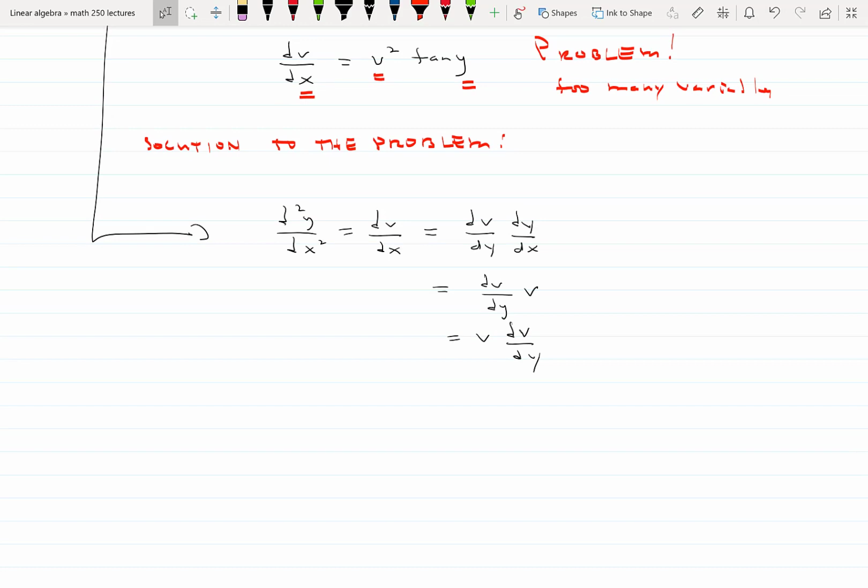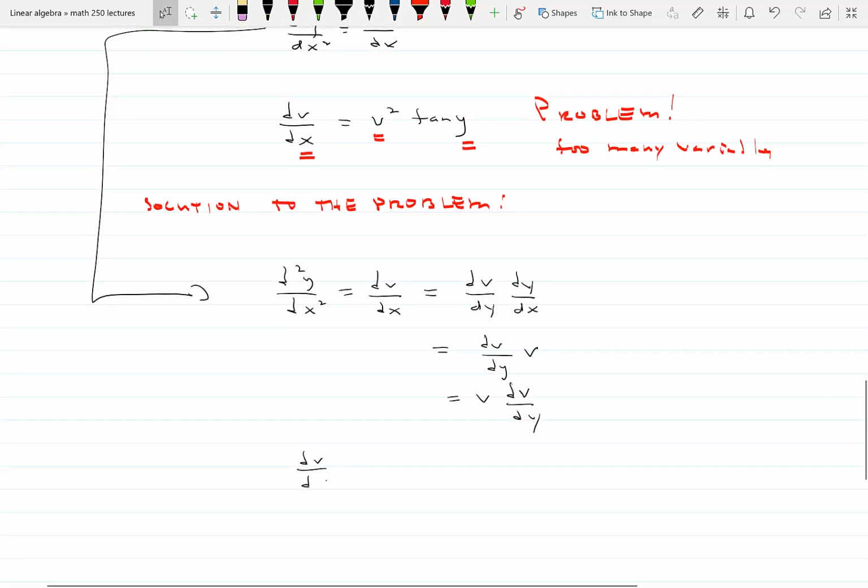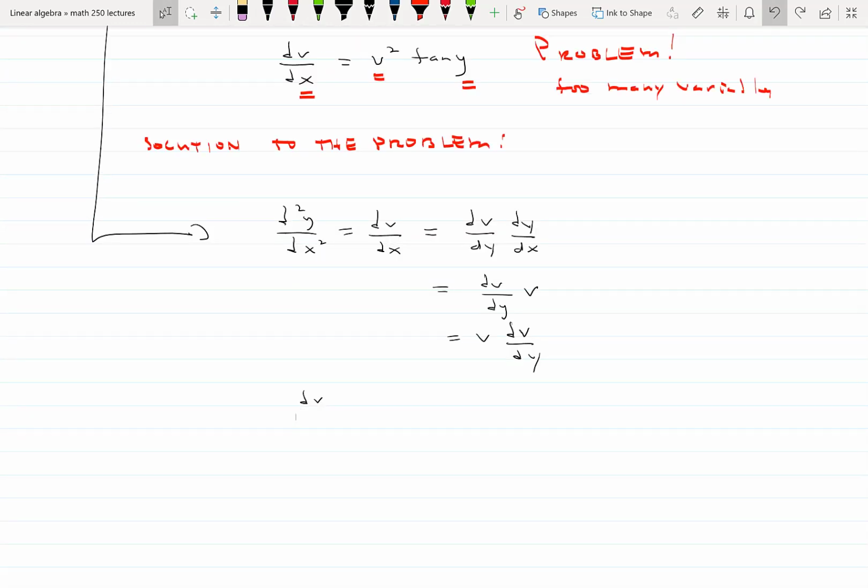Okay, so back to our problem. Our original problem is we have d squared y over dx squared equals dy dx squared times tangent of y.